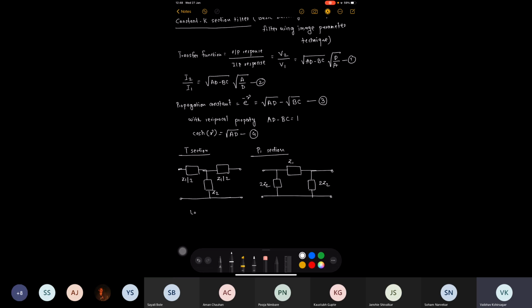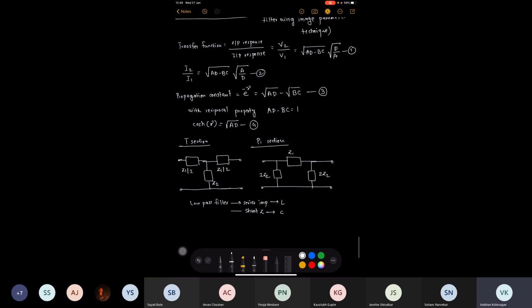So for low pass filter, series impedance in the arm represents inductors, right? Series impedance represents inductors, and shunt impedance is represented by capacitors. Okay.